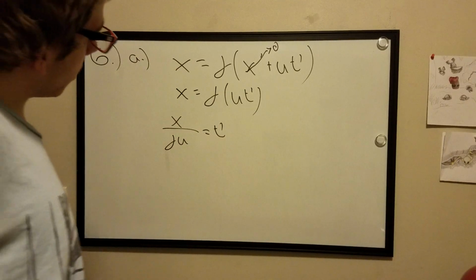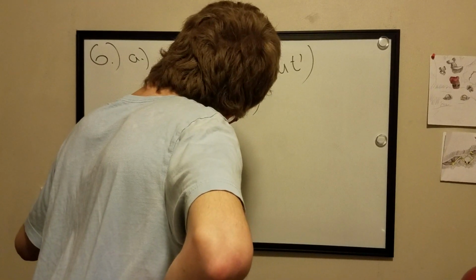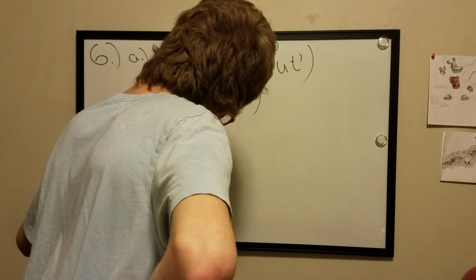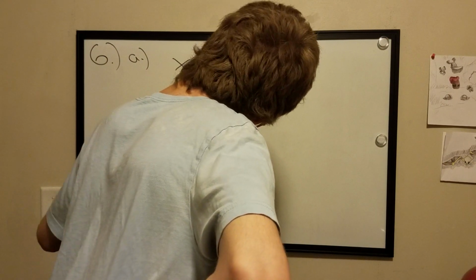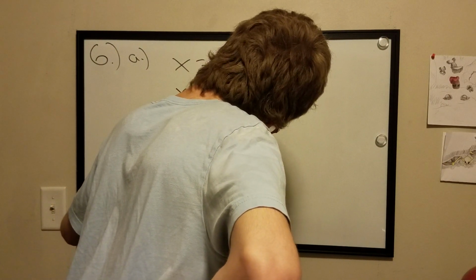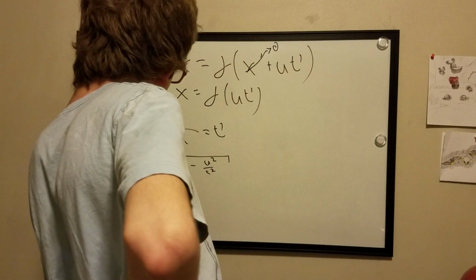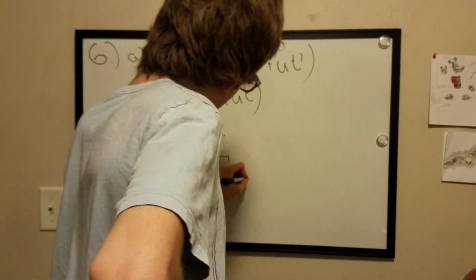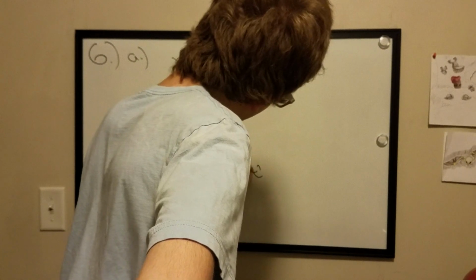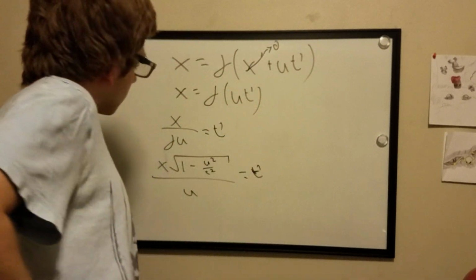Then we just plug in our values. If we were to expand this a little bit, it's x times the square root of 1 minus u squared over c squared, all over u, equals t prime, the time in her reference frame.